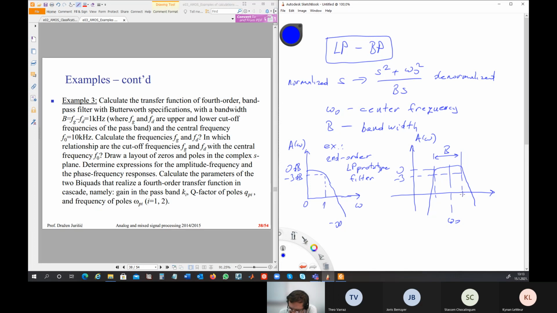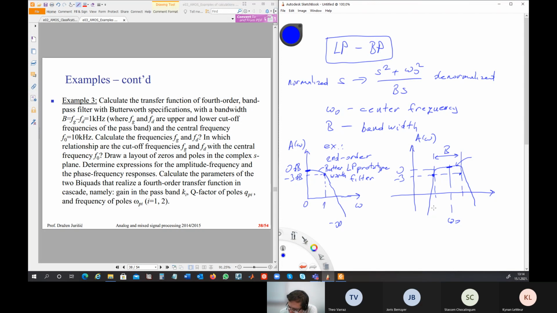Now, if this here is Butterworth, the bandpass filter here is also maximally flat, like Butterworth, without ripple. So this here is maximally flat, this here is maximally flat, here is minus 3 dB, and this point here is defined by B.